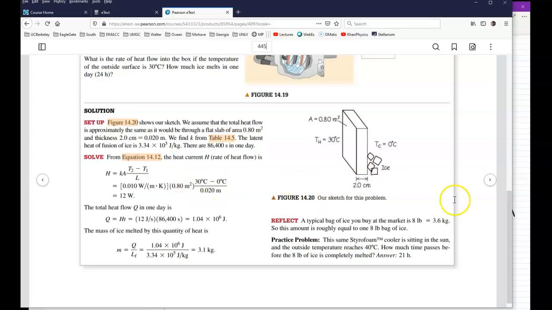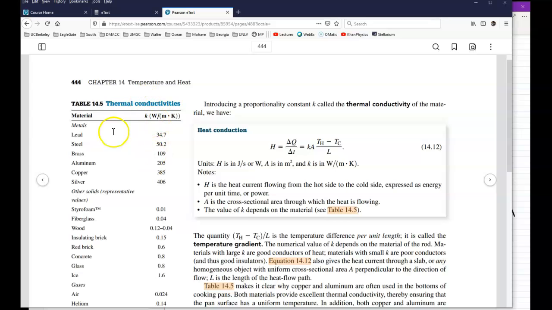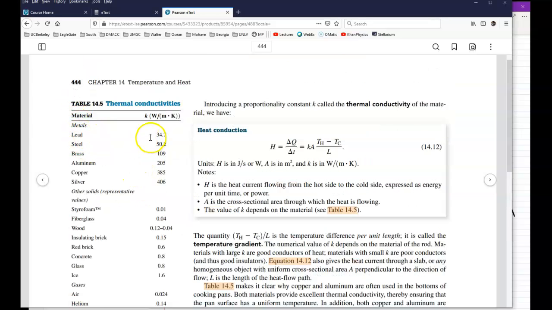Here, K, thermal conductivity coefficients. There's a bunch of them here, for example, for lead, 34.7, steel, and so on.